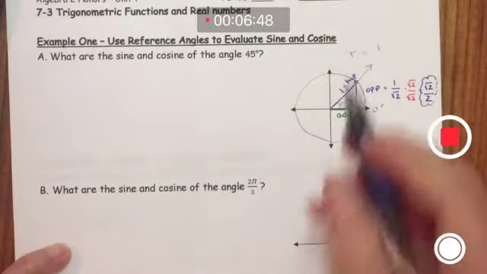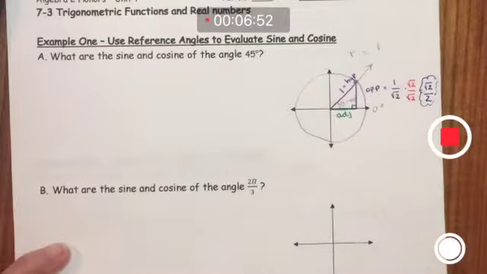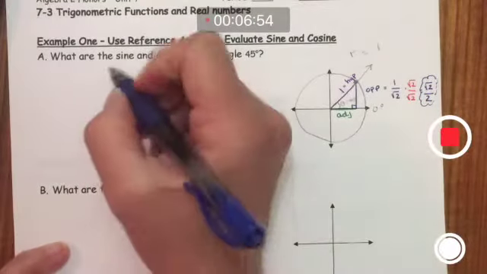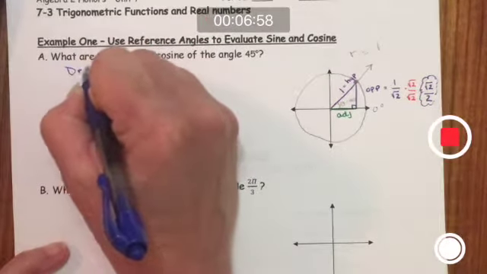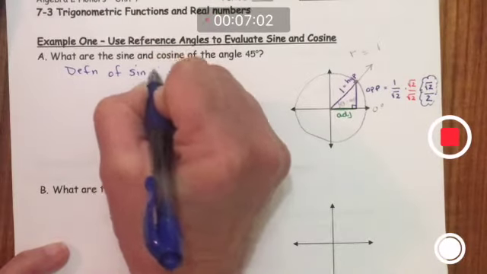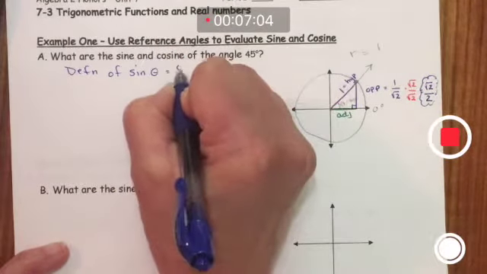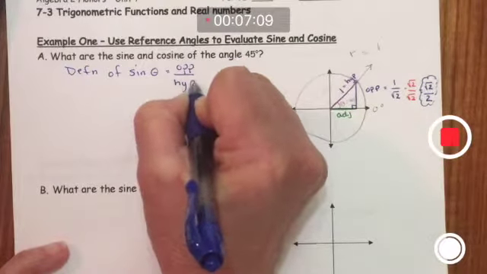Now purposely, because my radius was 1, my hypotenuse is 1. So let's go back to the definition of sine from a couple of weeks ago. The sine of an angle is going to be the opposite side's length divided by the hypotenuse's length.